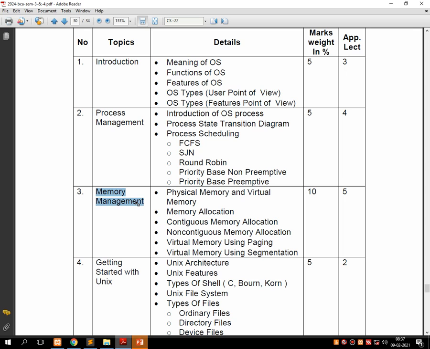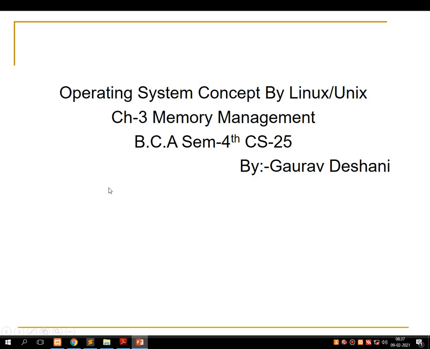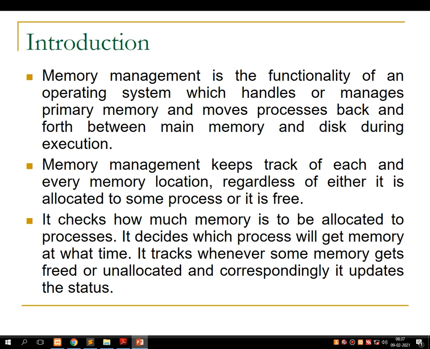Your name is not going to be permanently stored in the system. But if you save your content from primary memory to a secondary storage device, then it will be permanently stored inside the system. So all these things we are going to discuss in memory management.